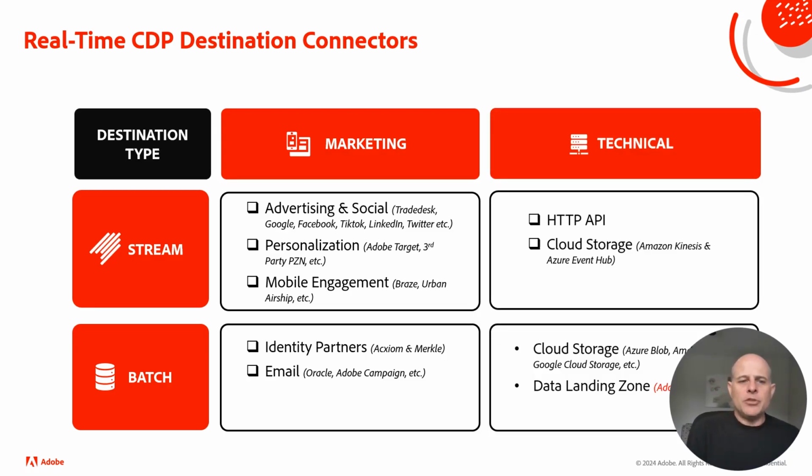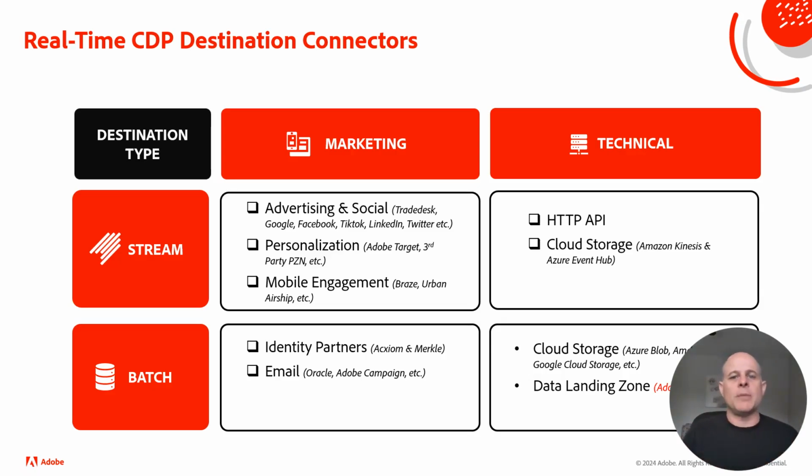For the streaming marketing ones, we're looking at things like social or some kind of personalization or mobile, where I need to stream something out in relative real time to one of these destinations. Whereas from a technical source, I might say, well, I have to stream some of this data out, but it's for maybe a business integration, or sorry, a technical integration to a system.